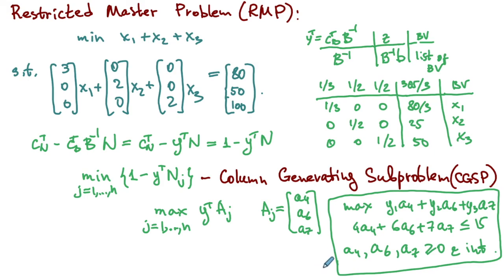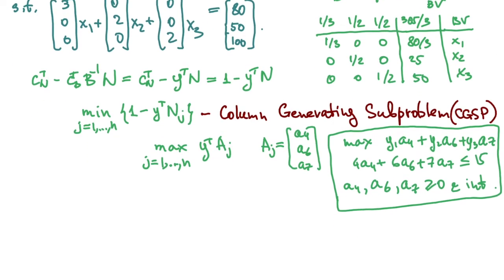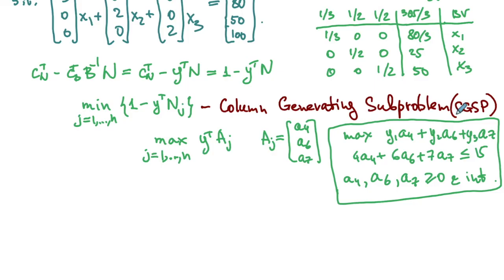So returning to the data for our particular example, let's solve the corresponding column generating subproblem. We have y1 given by 1/3, y2 is 1/2, and y3 is 1/2.